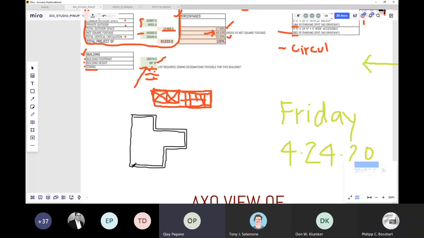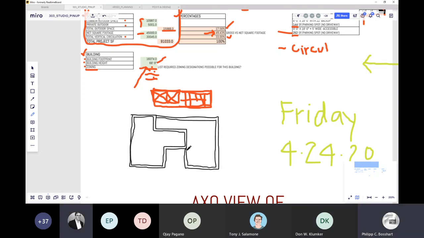Correct. So if this is a sketch of some aggregated units, the square footage for the unit gross will be the outer line.